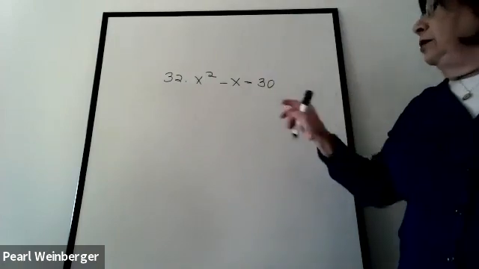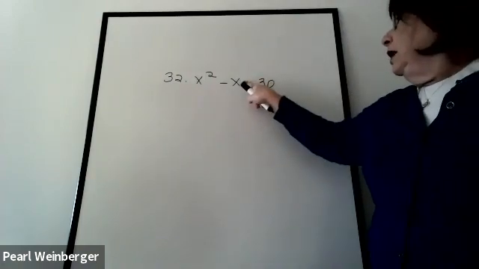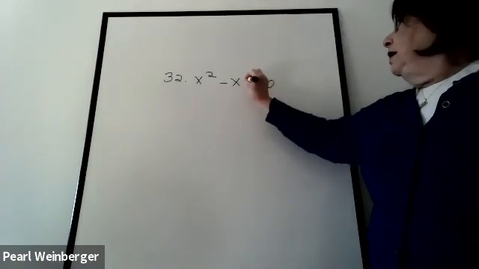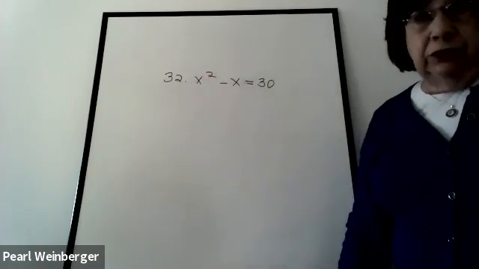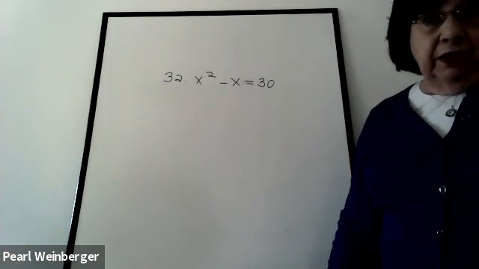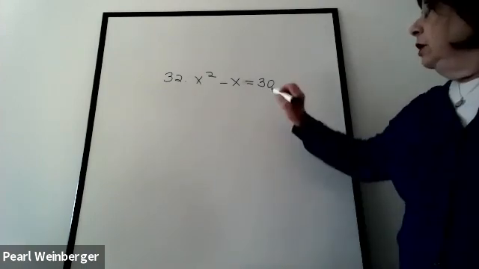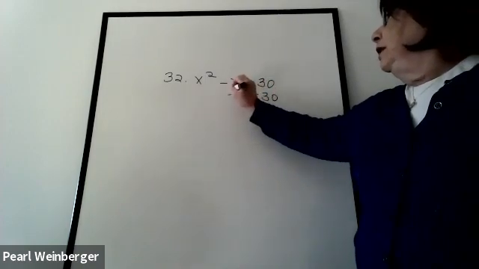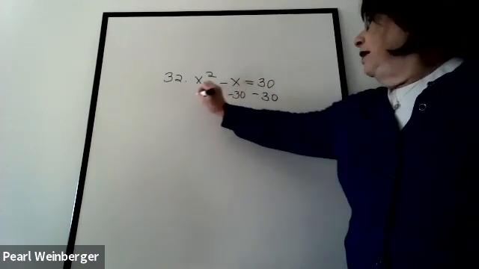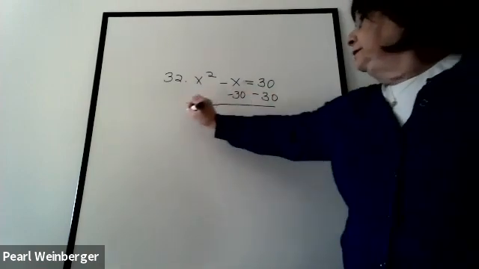And again, I see that this is a quadratic equation because of that x squared. And because it has an x squared in it, and I want to solve it, I want to get it equal to 0. So the first thing I'm going to do is bring the 30 to the other side of the equation. So I will have it equal to 0.